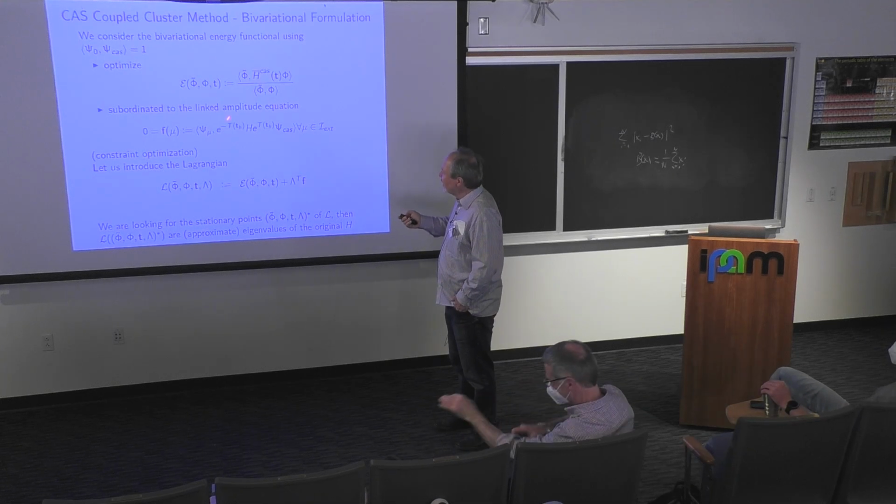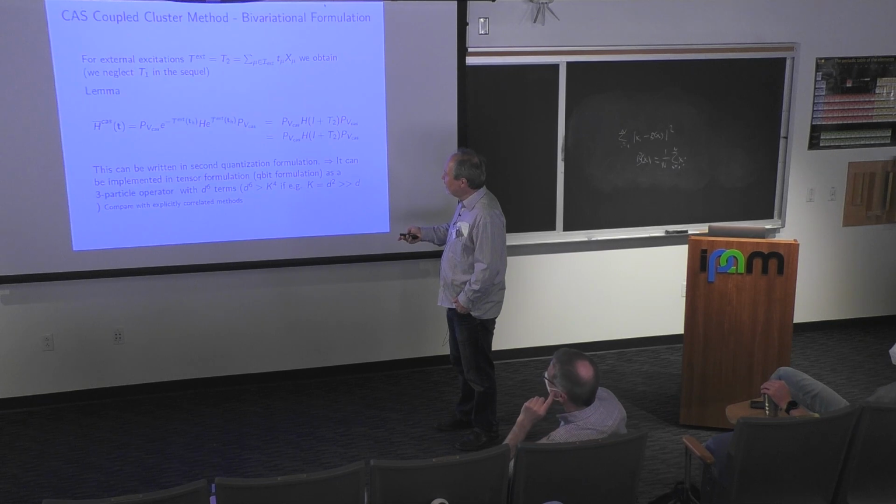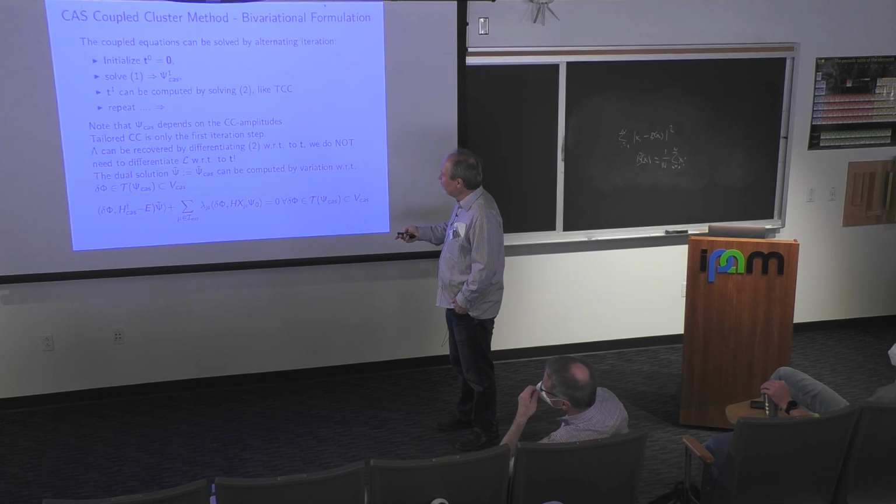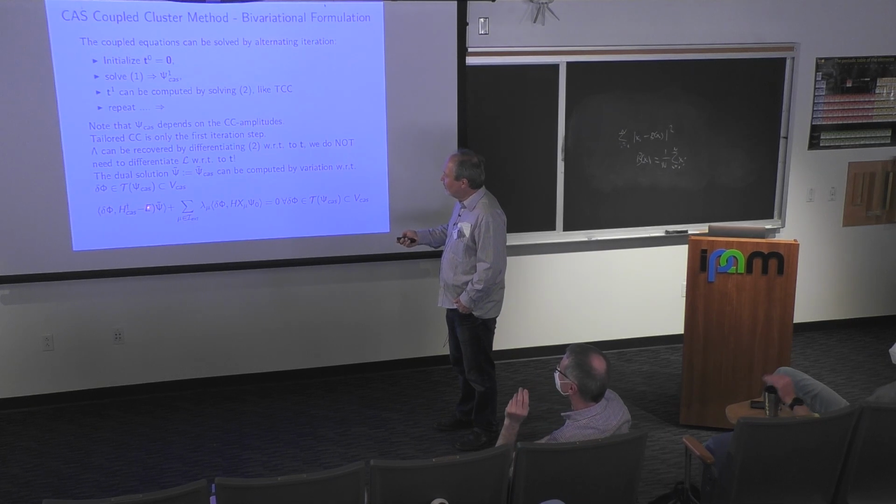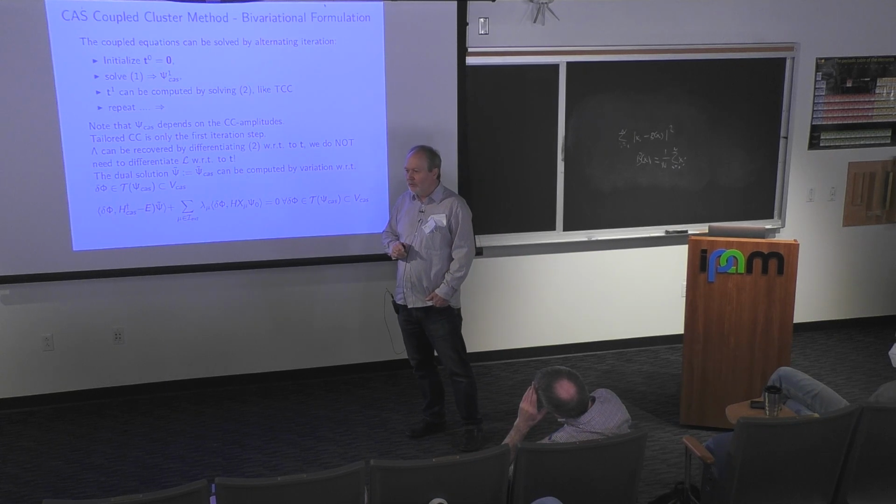And here in this Lagrangian, you will see later that the equation for the dual function is not an eigenvalue problem. You have this inhomogeneity. But you have solved the right eigenvalue problem, you know the energy, and you can solve this system too.